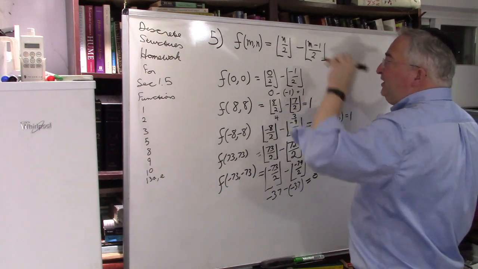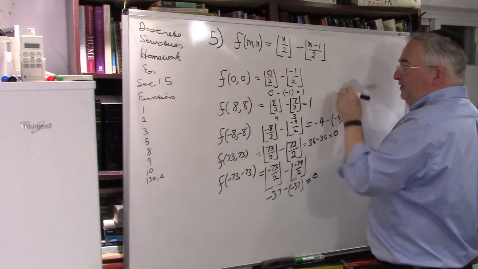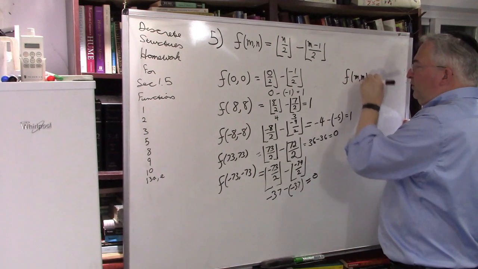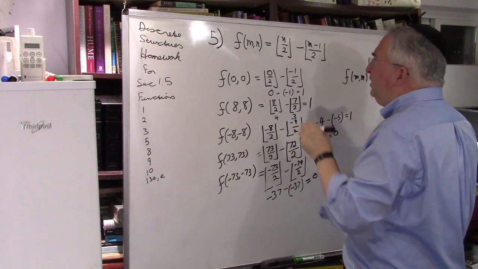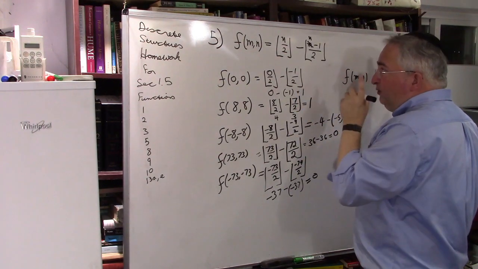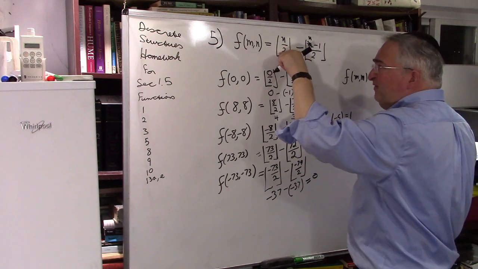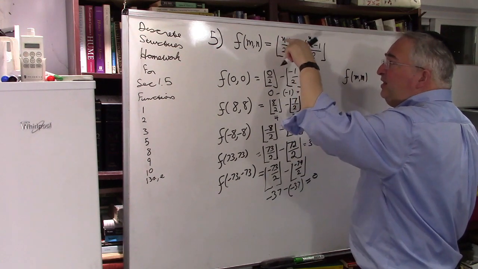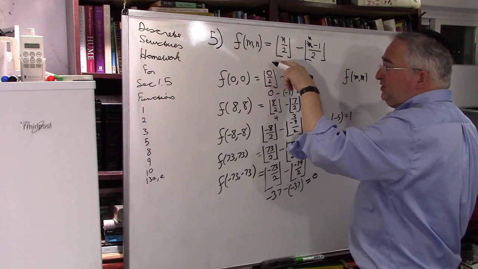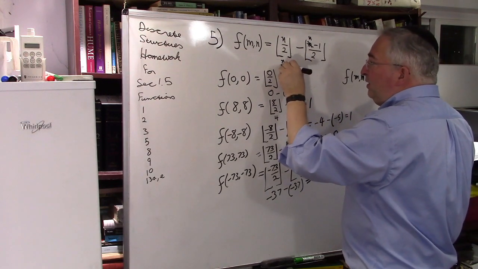We're looking for f of n, whatever, the same thing. So let's make this n. If n is even, then the floor is meaningless, so it's just n over 2.